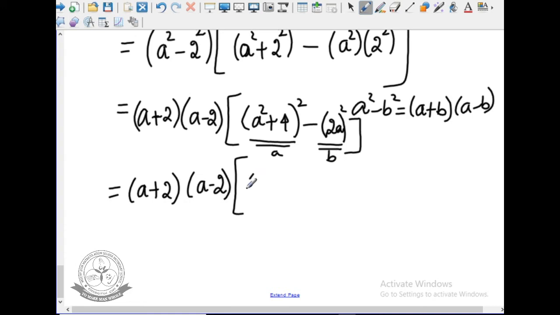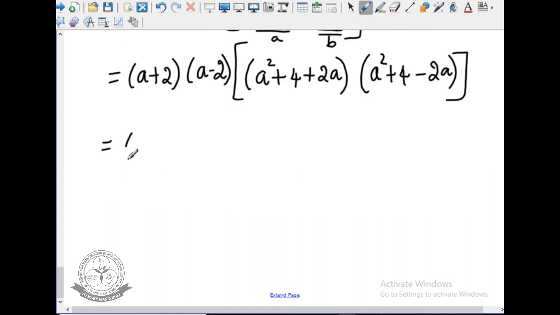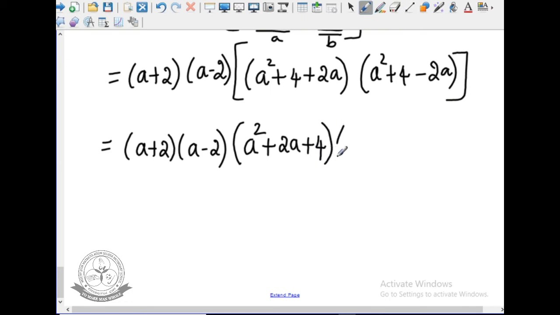That means you will get a square plus 4 plus 2a and another term a square plus 4 minus 2a. So it can be written as a plus 2, a minus 2, and in order, a square plus 2a plus 4 and a square minus 2a plus 4. This is your answer.